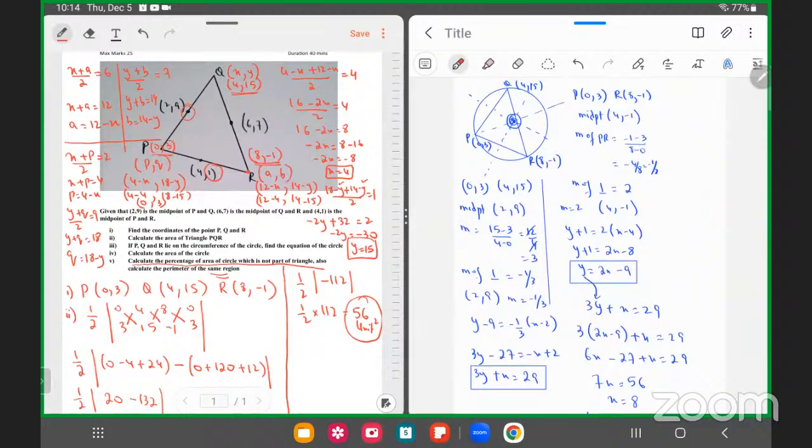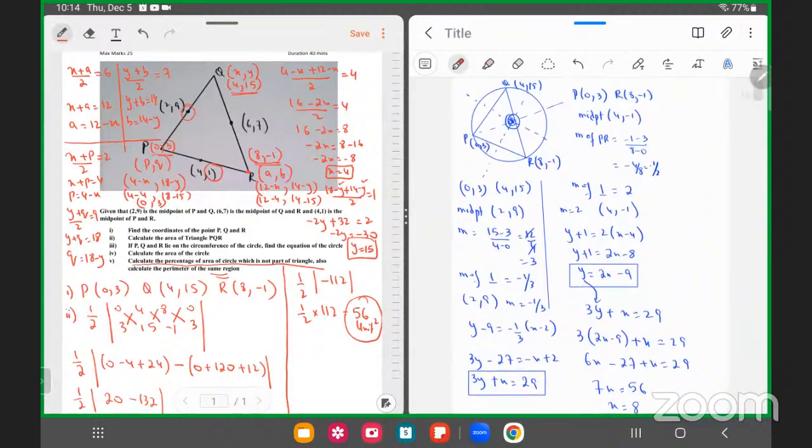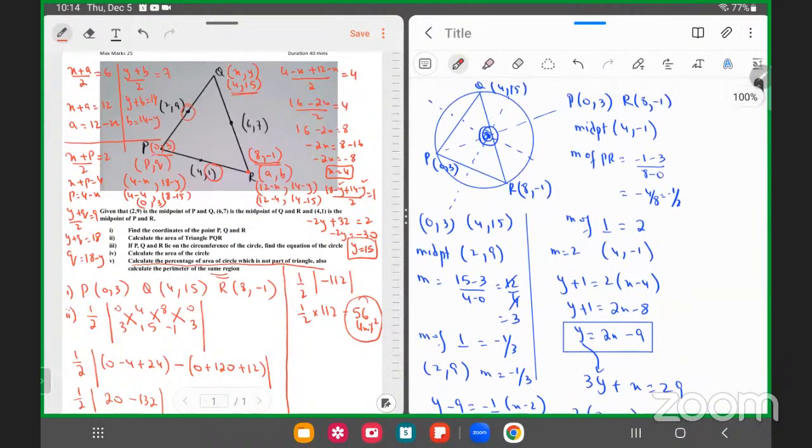All right, so yes, that is correct that the midpoint should have been 4 comma 1 and not 4 comma minus 1. The midpoint should have been 4 comma 1.